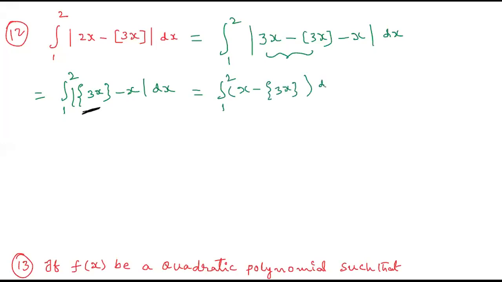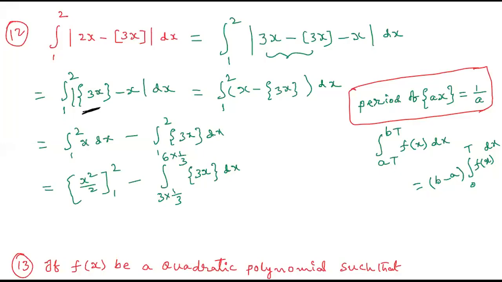Now split the integration, that is integration 1 to 2 of x dx minus integration 1 to 2 of floor of 3x dx. The period of floor of x is 1.